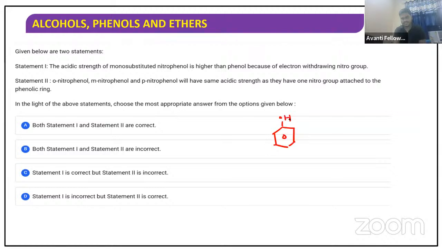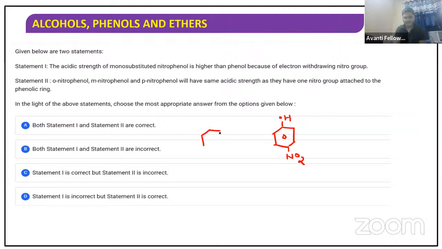This is OH and this is nitrophenol. The acidic strength of monosubstituted nitrophenol is higher than phenol because of the electron withdrawing group.